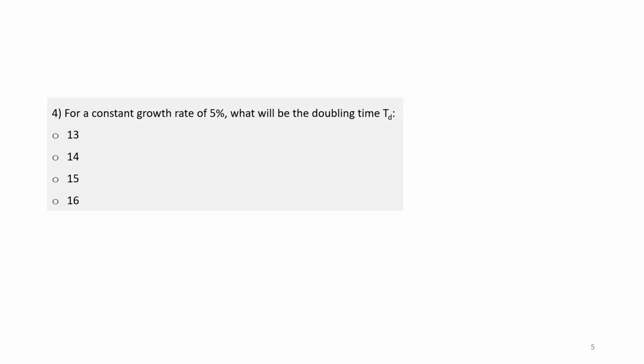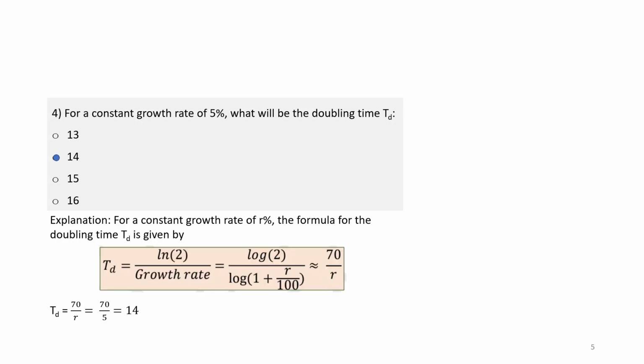Next question is, for a constant growth rate of 5%, what will be the doubling time TD? The options are 13, 14, 15 or 16. For this, you have to just use this formula: for a constant growth rate of R%, the doubling time TD is given by TD equals ln2 divided by the growth rate.